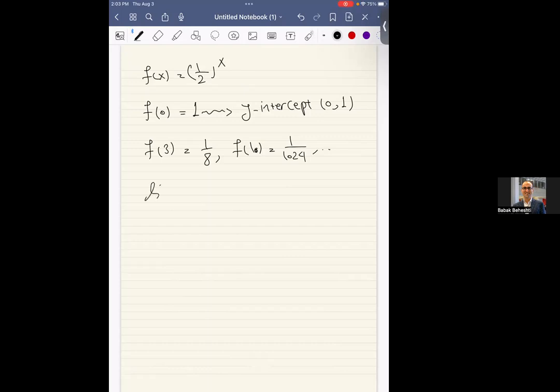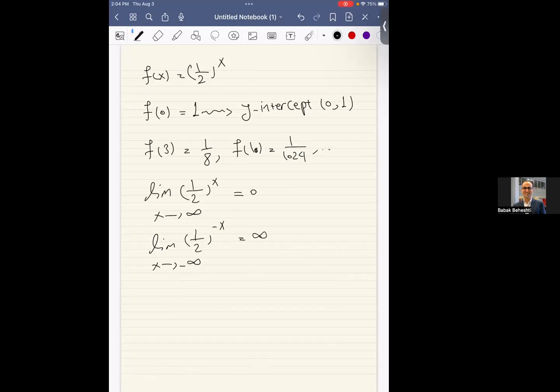So that means the limit of 1/2 to the power x when x goes to infinity is 0. And the limit of 1/2 to the power x when x approaches minus infinity is infinity.